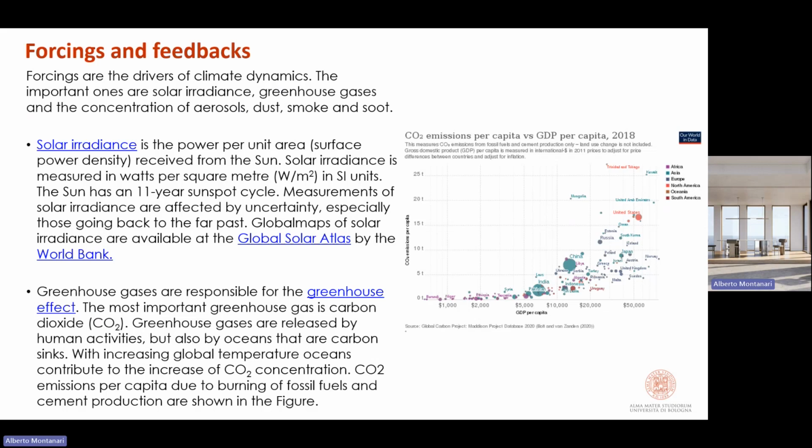As I said, there is still a lot of uncertainty, which means that we cannot make very long-term predictions. We can predict these 11-year cycles, but we cannot predict what the solar activity will be in 2050.